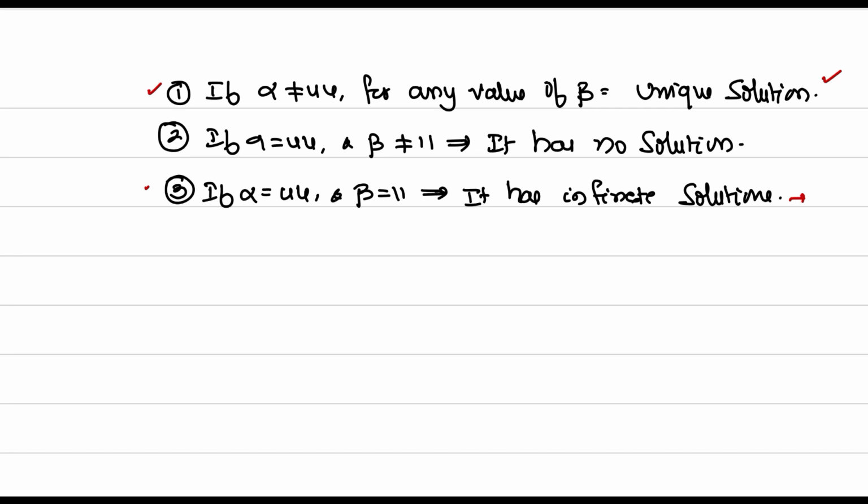Now they can use interchanging, like alpha is equal to 44 for any value of beta, it has infinite solutions. In JEE Mains it can be asked like this for a single alternative. Or they can say if alpha is equal to 44 and beta is equal to 11, there is no solution. That means 6 types of questions can be asked.